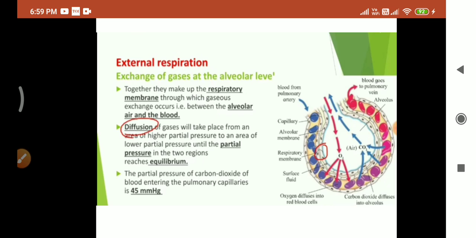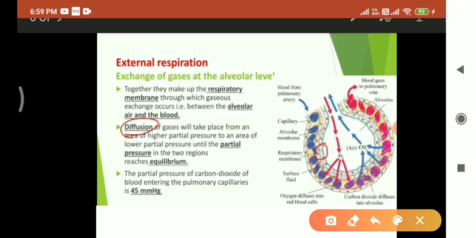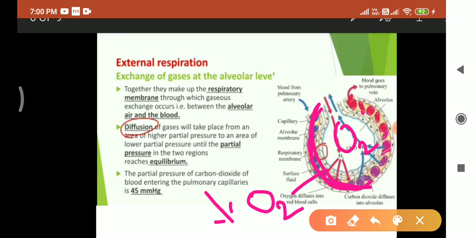So how does this diffusion occur? When you see this, this is the capillaries. In the capillaries, the oxygen concentration is low, and here in the alveolar sac, the oxygen concentration is high.